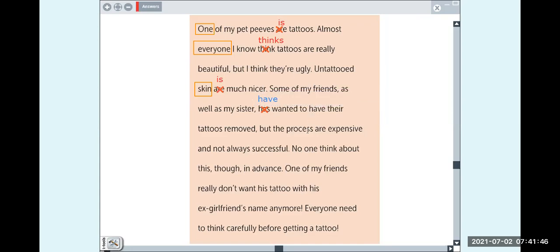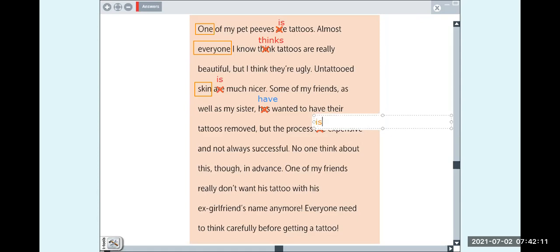What about, is there any other mistakes? Teacher, the process is expensive. Okay, why? Because it's a noun, and it's one process.